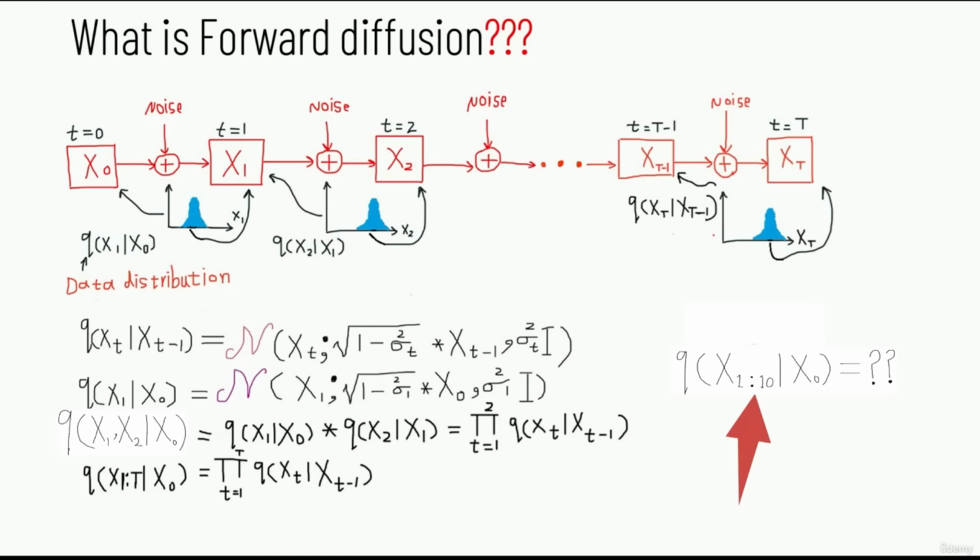By doing this, we will be able to find the distribution that we will use to get the value of the x10 variable given x0. So in other words, when we increase the number of time steps, things will become more difficult. In the next lecture, we will talk about the reparameterization trick that we will use to solve this problem and find q of x10 given x0 directly.